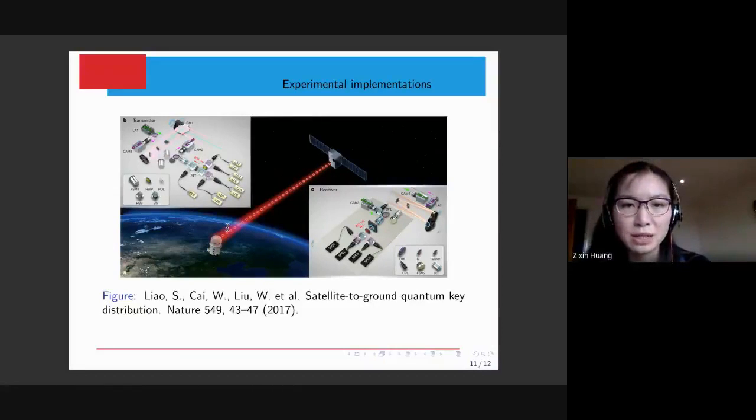But using that particular encoding, the principles are the no-cloning theorem in combination with non-orthogonal states. If you combine those two, you can actually do things with just a laser. And the Chinese group managed to get this on a satellite.